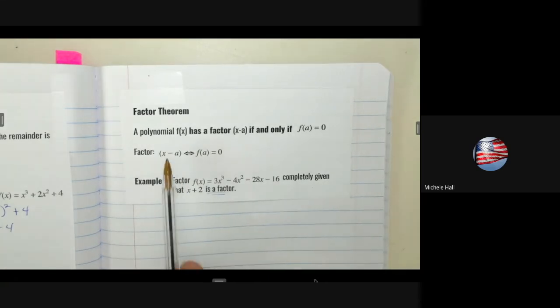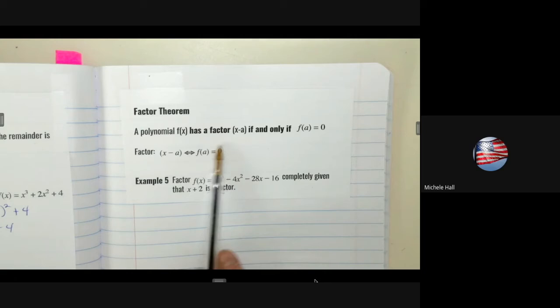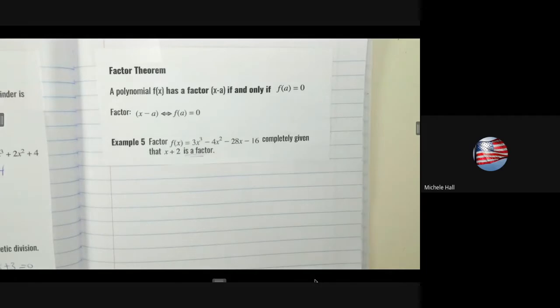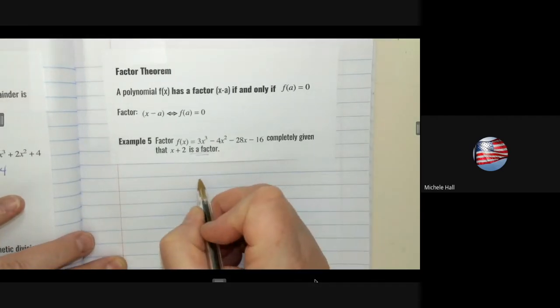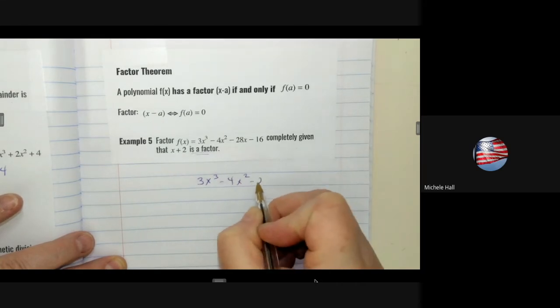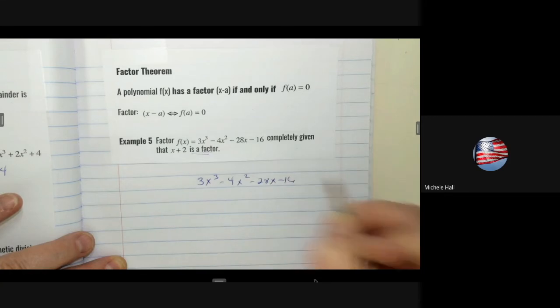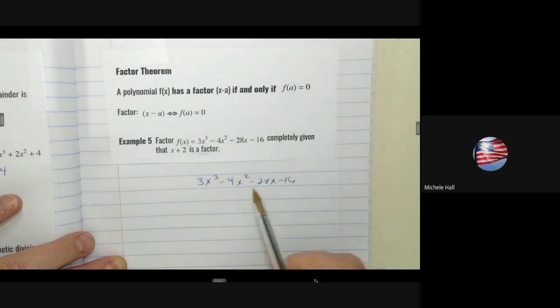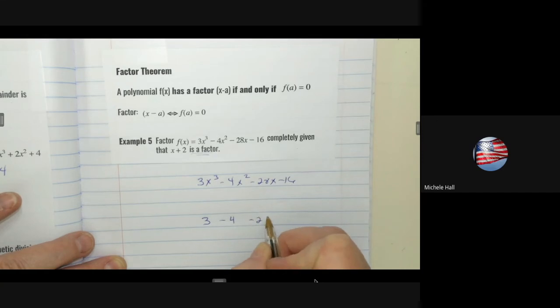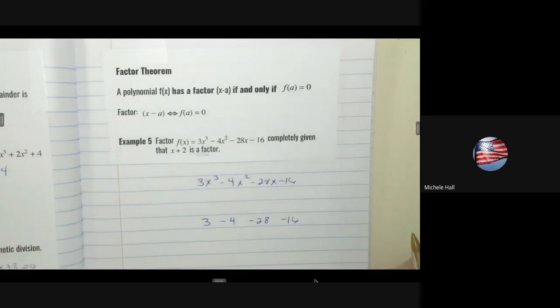If x plus 2 is a factor, we expect to get a 0 at the end. No remainders, it divides in evenly. When you get a remainder, it's not dividing in evenly. We have 3x cubed minus 4x squared minus 28x minus 16: x cubed, x squared, x and the constant, so we have all of our terms, 3, negative 4, negative 28, negative 16.